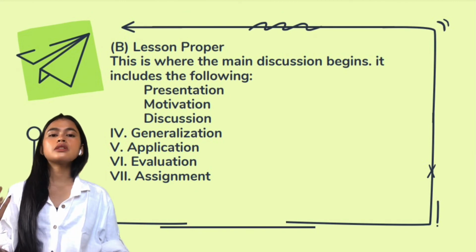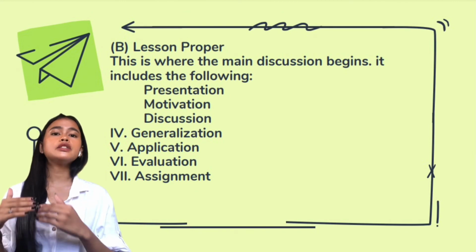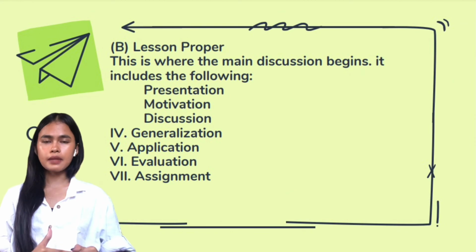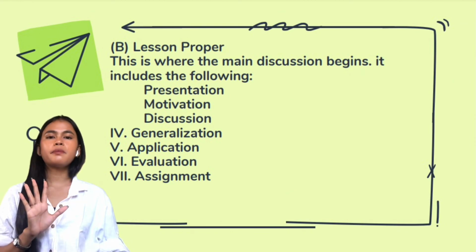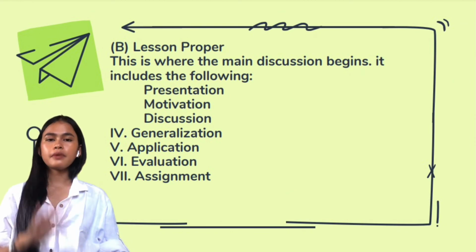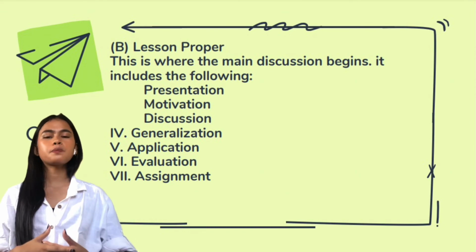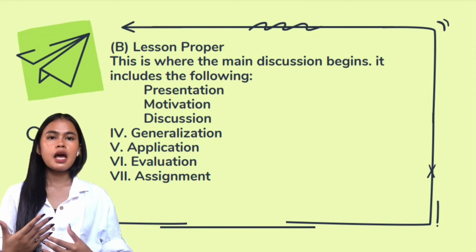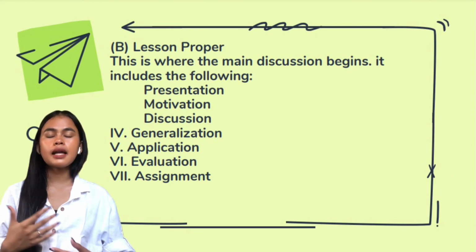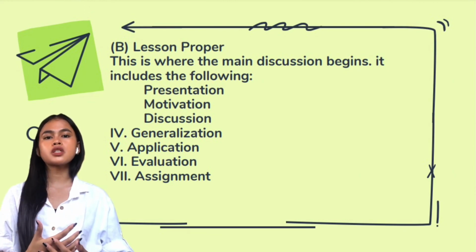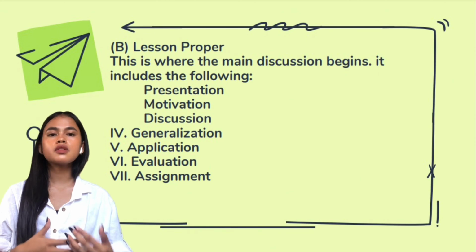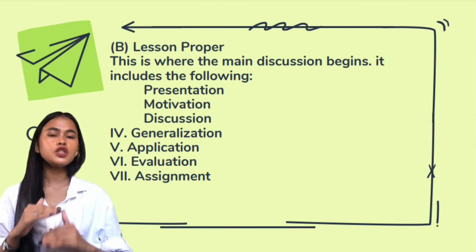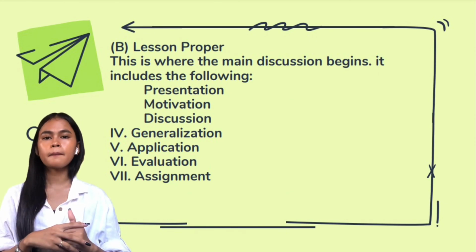Again, generalization strategies are included in the lesson plan. The fifth part is application. During this portion, teachers plan for ways so the students can take the new information, consolidate it, and apply it in a new and useful way.